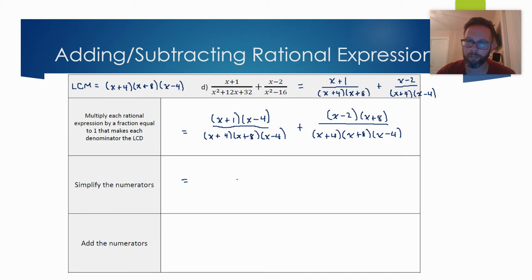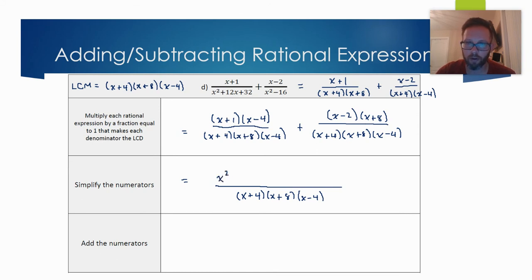So here's where some of you could just be like, okay, I know that everything is going to be over x plus 4, x plus 8, x minus 4 in the end. So why don't I just write it once and have everything on top?